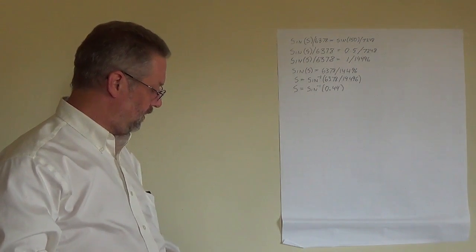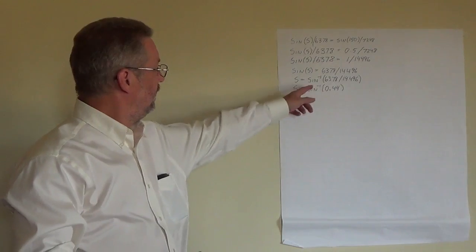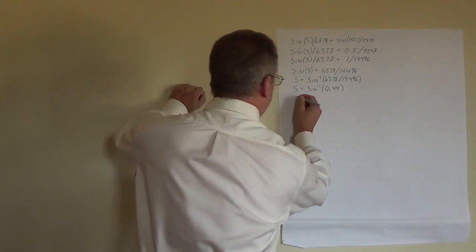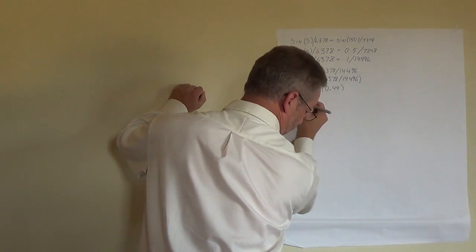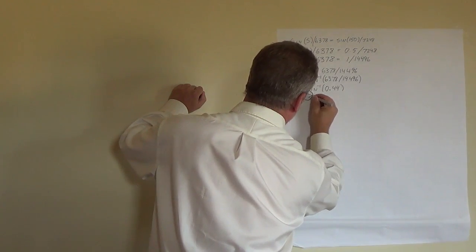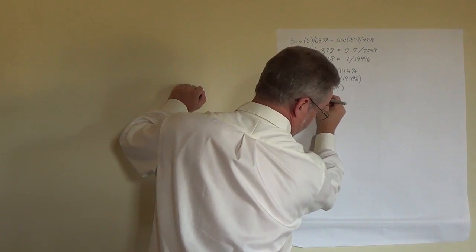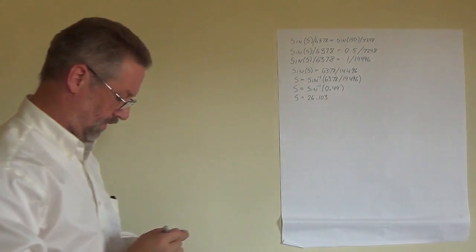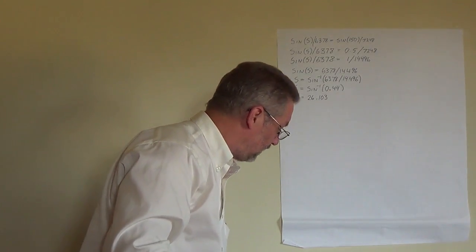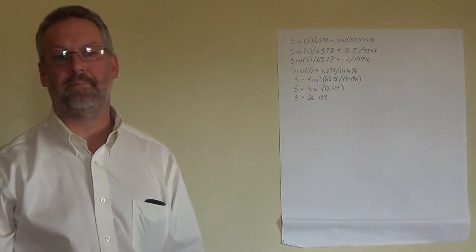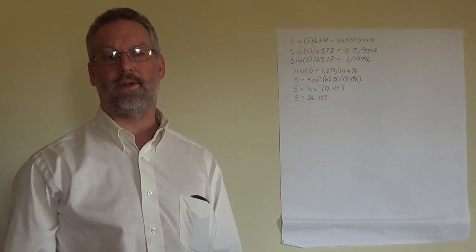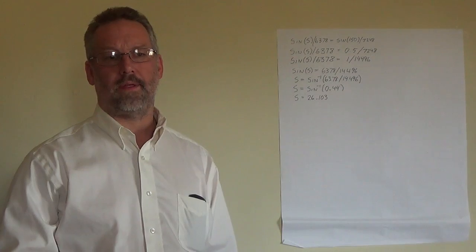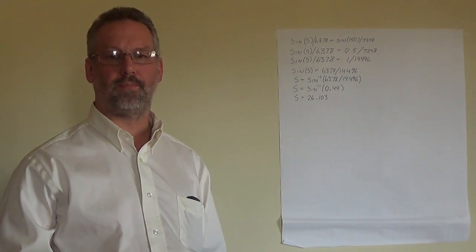Now, using a calculator to solve this portion of it, we discover something. S equals 26.103. Well, that's our look down angle actually. Our look down angle is 26.103 degrees.